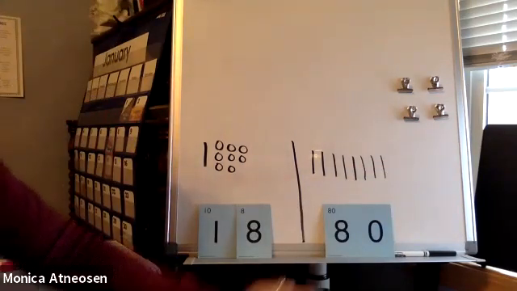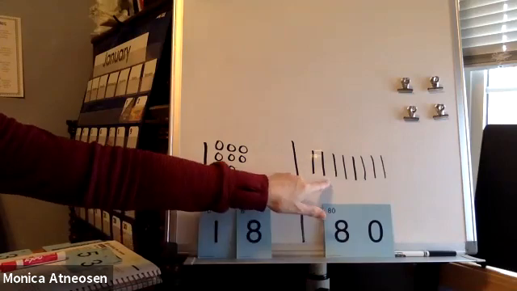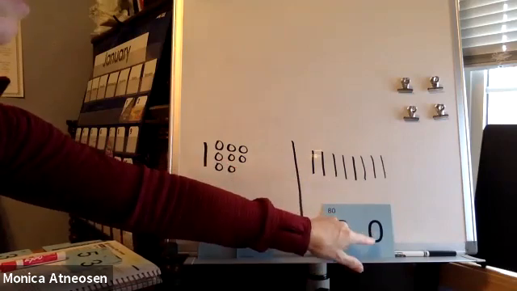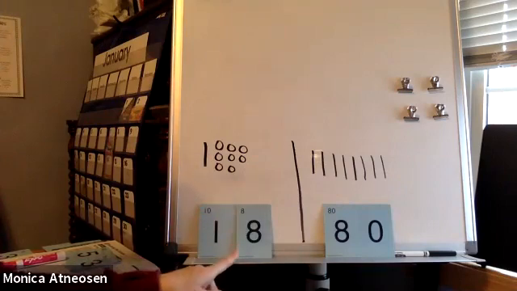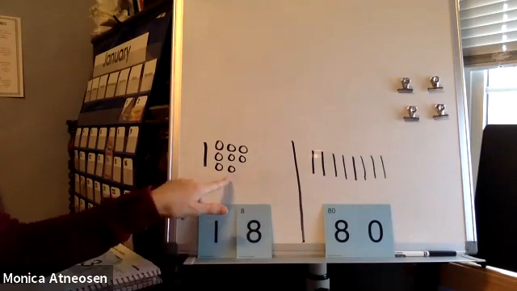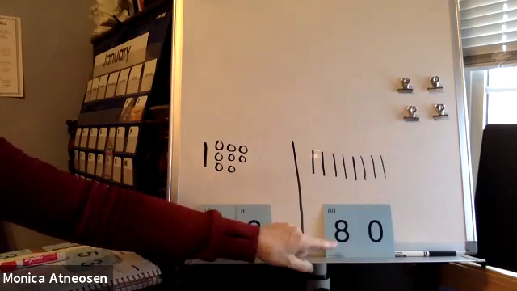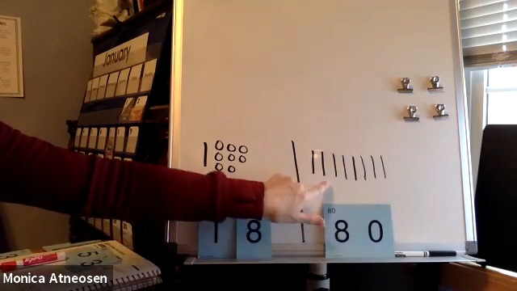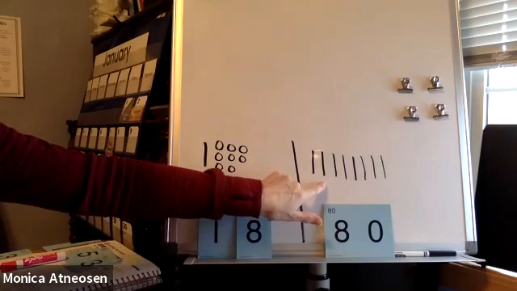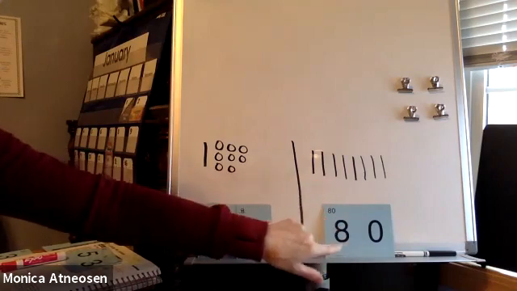Or I can think about it as 8 sticks of 10 and 0 ones. And those get confusing because with this one, the 8 is in the ones place. So we need 8 ones. But with this one, the 8 is in the tens place. So we need 8 sticks of 10 to make 80.